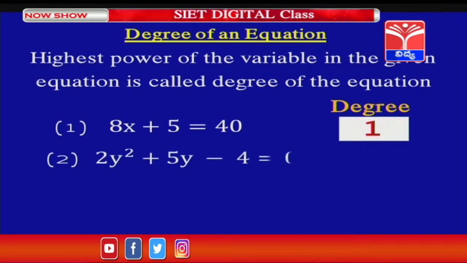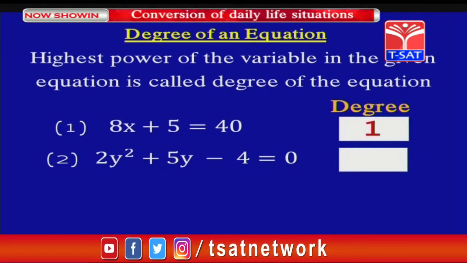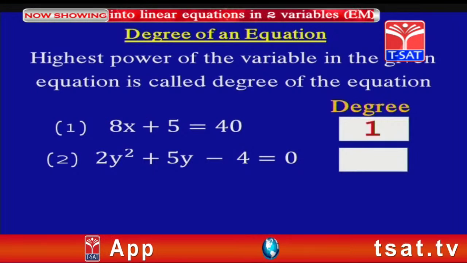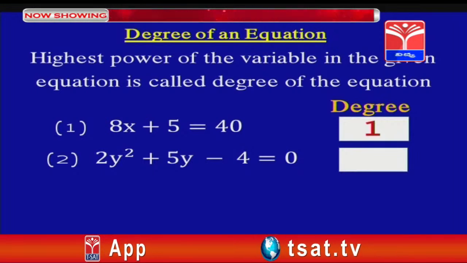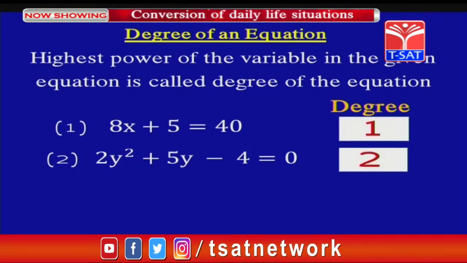Second one, 2y square plus 5y minus 4 is equal to 0. Now, first of all tell me what is the variable in this? y is the variable. Now, the highest power is 2, that is why it is a second degree equation.